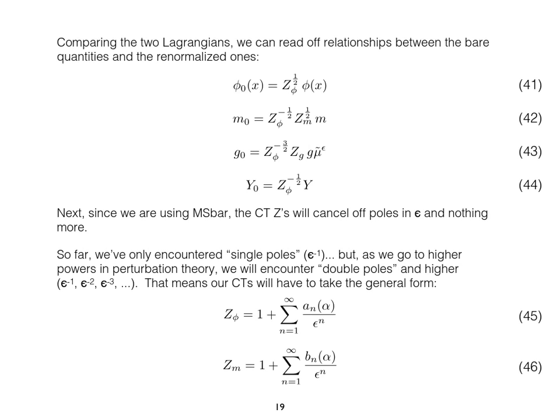So in general, our renormalization constants look like this. They always come with a 1, and then we're going to allow for the existence of higher poles. So we'll write it as 1 plus some constant over epsilon to the n. The first term would obviously be the single pole.